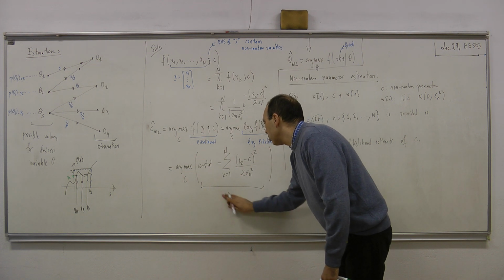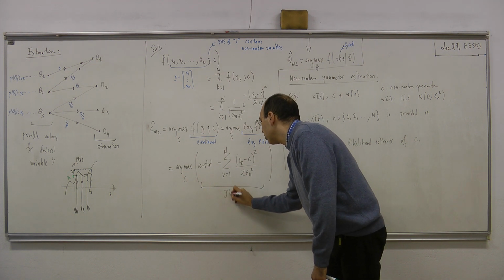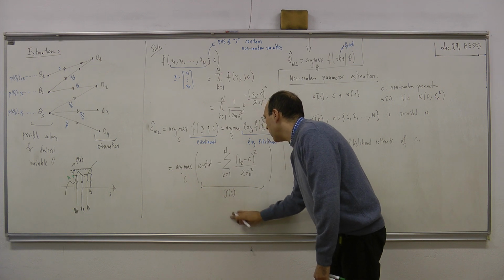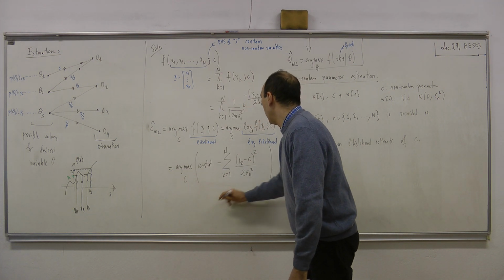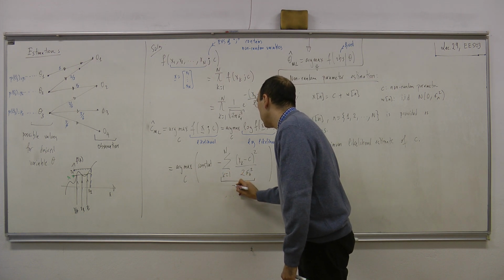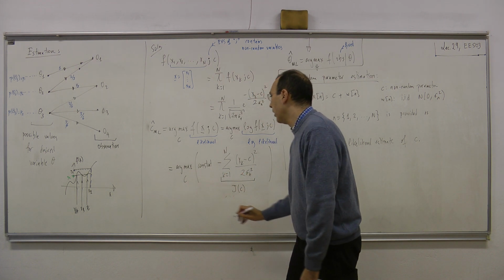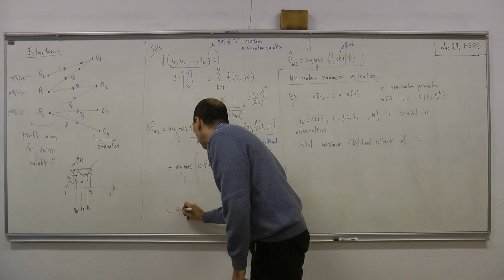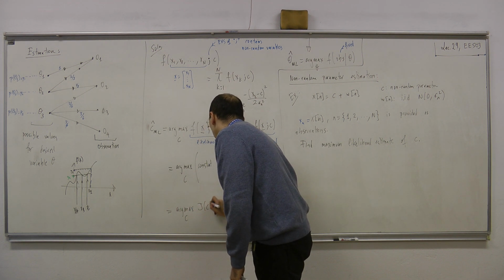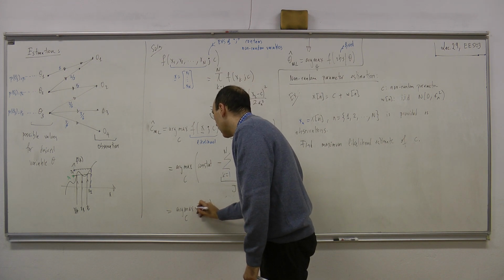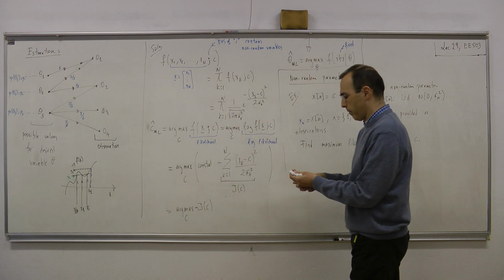Let me introduce this part as J(C). So my problem becomes arg max over C of minus J(C), there is still a minus sign over here.